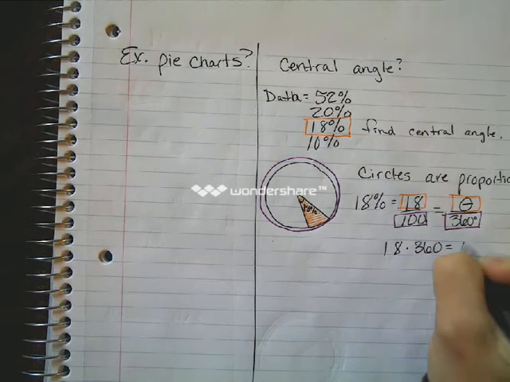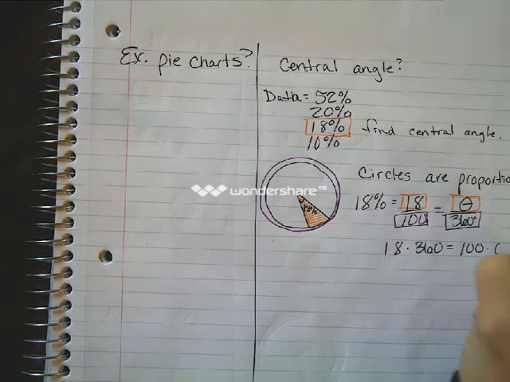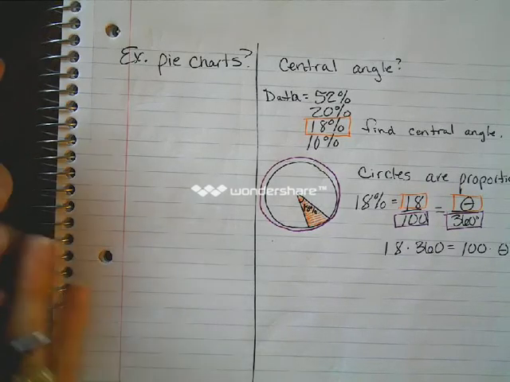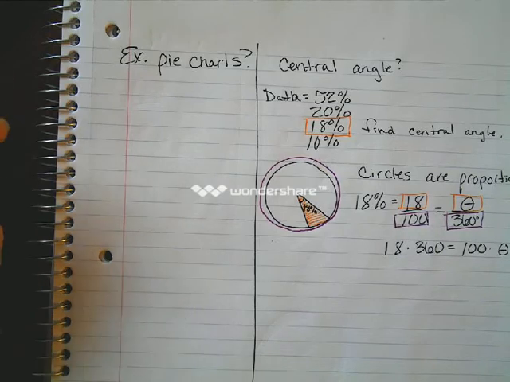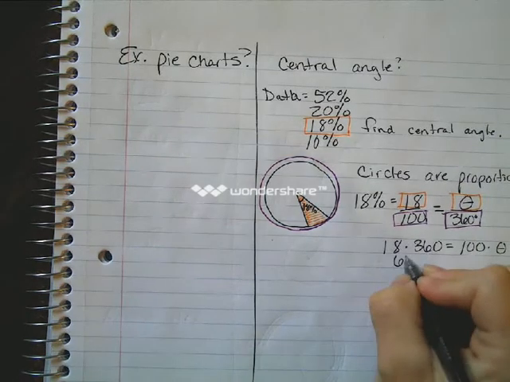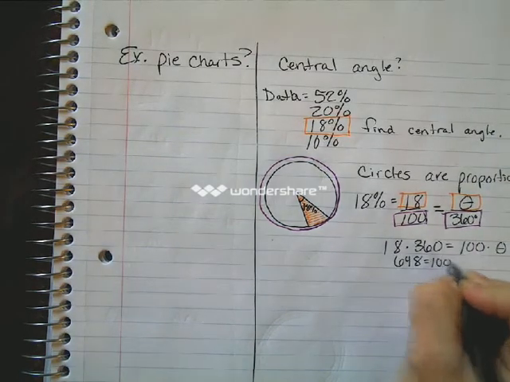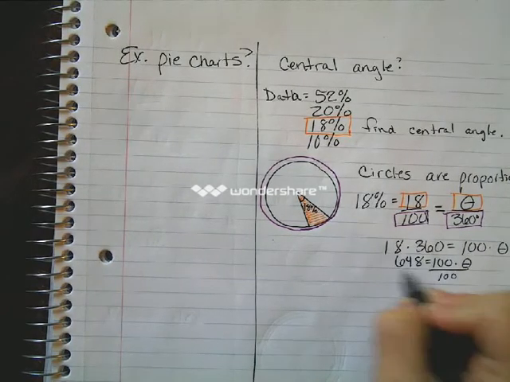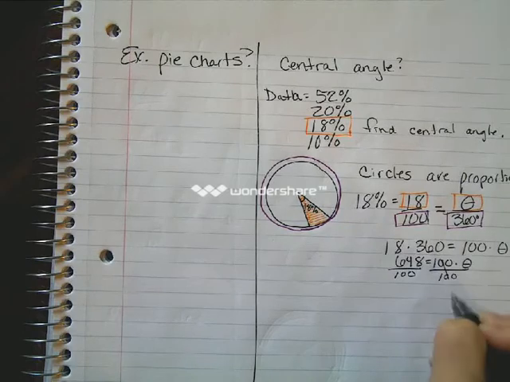Should give you 648. 100 times theta, and then to solve for theta, you just divide by 100. So theta equals 64.8. Okay, so if you were trying to draw this pie chart, whether by hand or on computer software, you could tell the computer to make that part 64.8 degrees, and then that way your pie chart would be perfectly drawn to scale for your data.